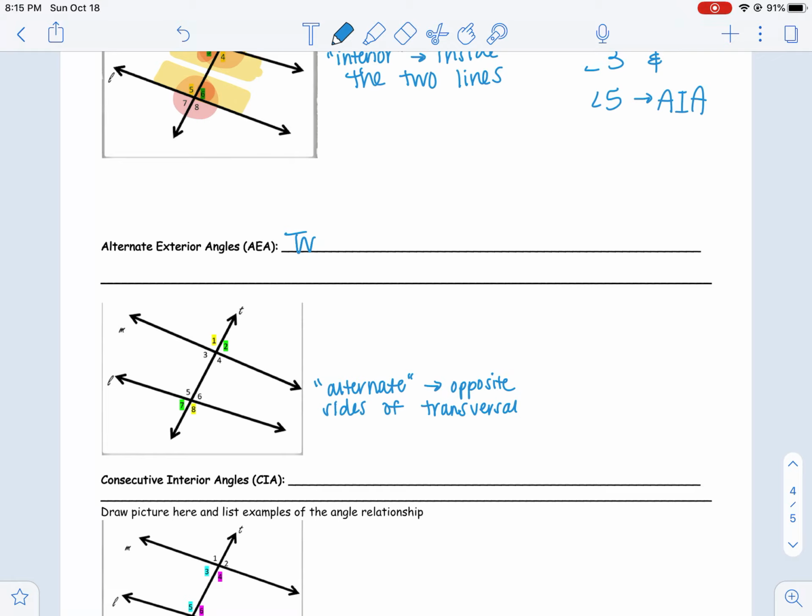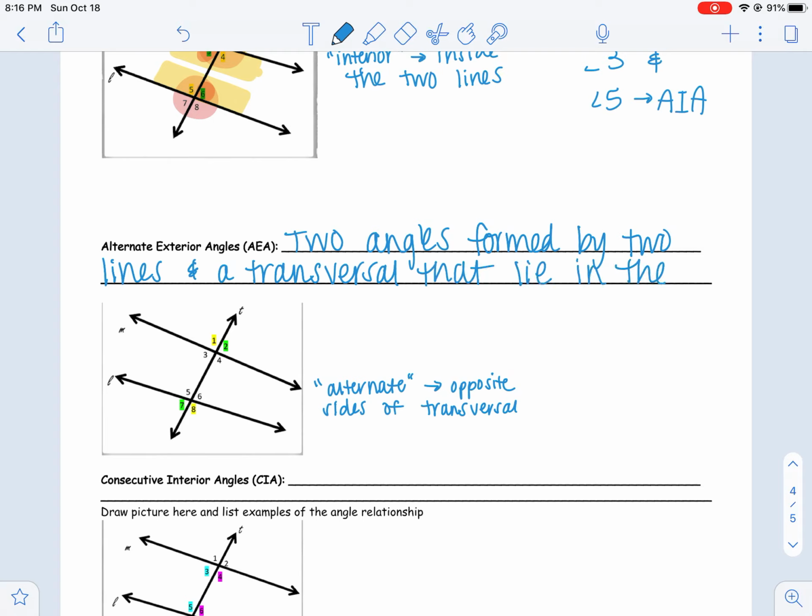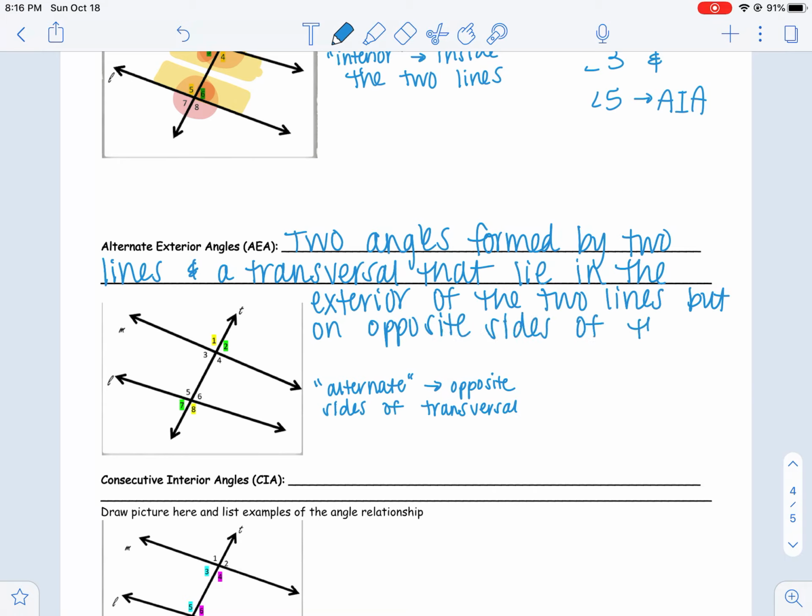So 2 angles, once again, formed by 2 lines and a transversal that lie in the exterior of the 2 lines but on opposite sides of the transversal.